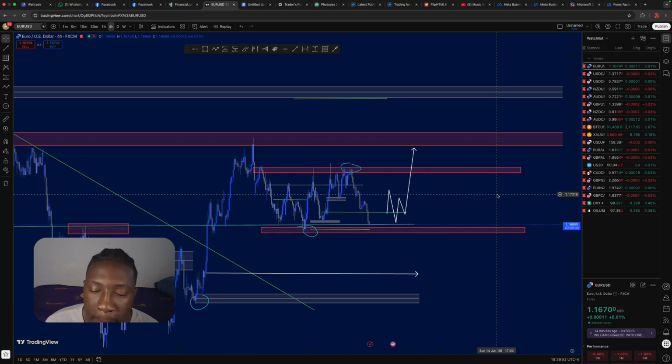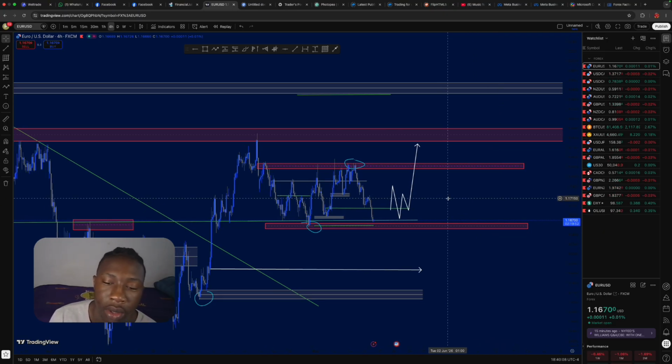So right now we want to see what the market is doing for us to be able to find a structure, or to find a way to find an entry.